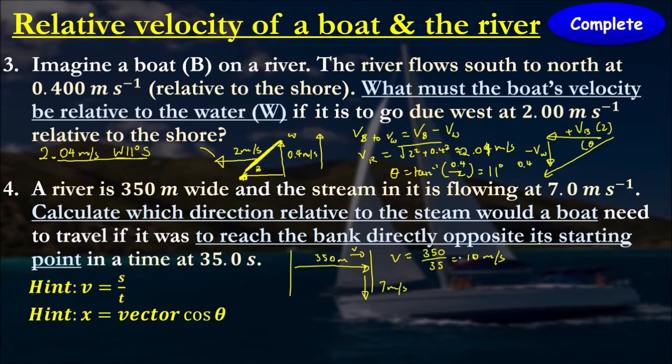Okay, so we need to travel 10 meters per second to reach that mark there. So what we have here is 10 meters per second here, and the stream is flowing 7 meters per second like that, which means the boat is going at this angle down this way, assuming the river flows downstream.